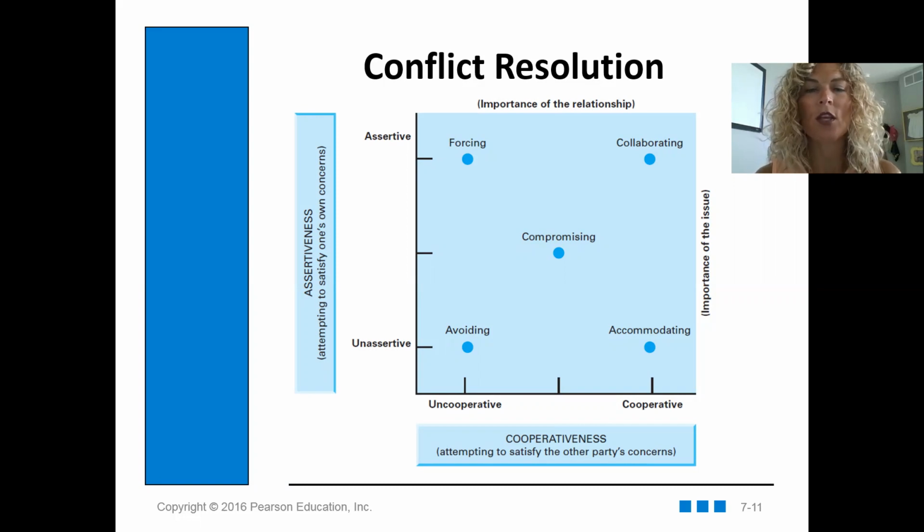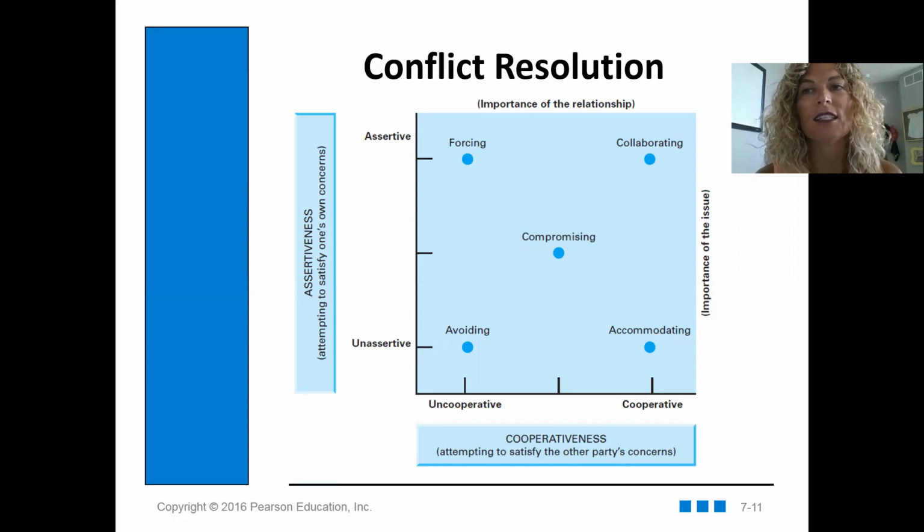All right, so it's important that you're able to not just memorize where the strategies fall on the chart right now, but if I would say, if I have a high concern for the other party, but I also have a high concern for myself, for my own concerns, what strategy would you suggest?